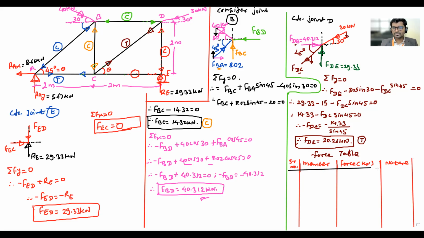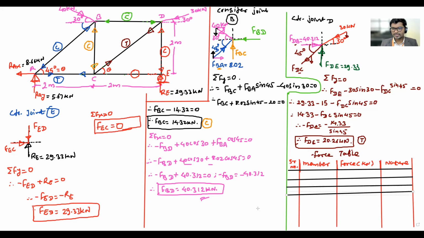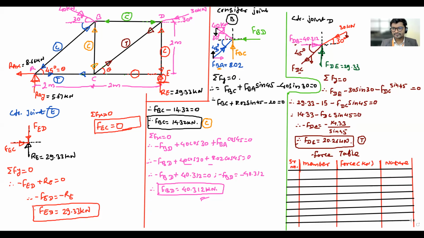Put the entries in the table. How many members are there? 7. 1, 2, 3, 4, 5, 6, 7, and lastly the reactions will be there. 3 reactions.